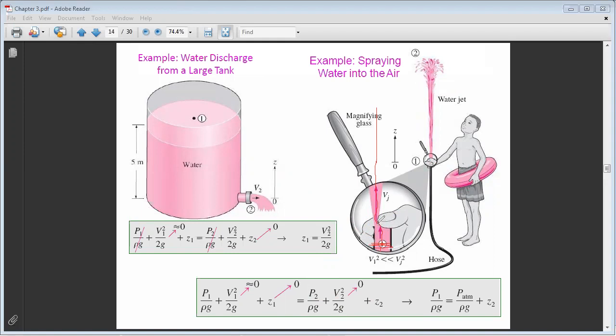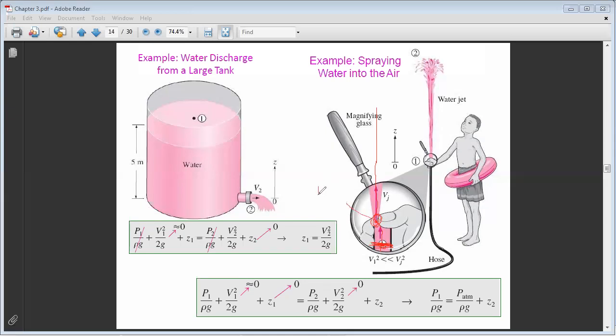You will not take point 1 right near your sump, because we always consider points far from walls or boundaries. So I take point 1 just before the small opening that I made. Since I'm taking point 1 far away from this point, I can say that the velocity at this level can be neglected compared to the velocity here, because I just opened my sump for a very small area.